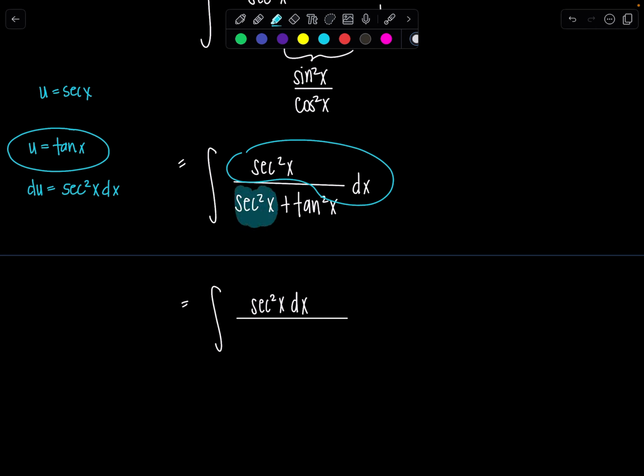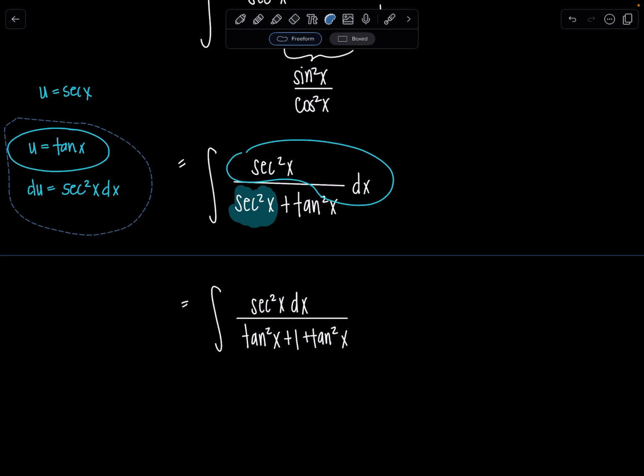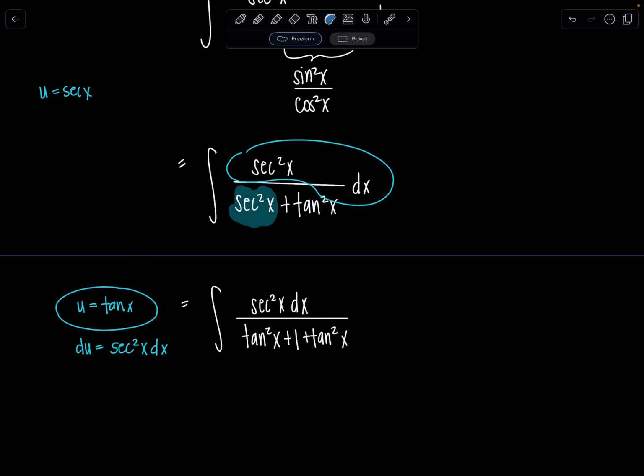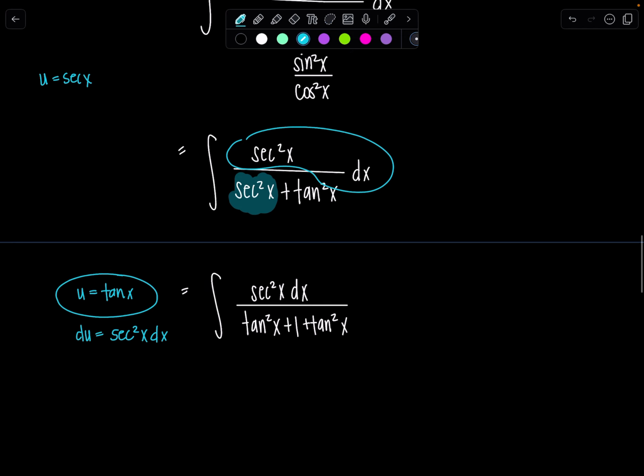Secant squared x is equal to tangent squared x plus 1. And then I still have that other tangent squared x hanging out in the denominator. Okay, this is in my way now. Get out. Okay, so let's go ahead and do this u sub that we wrote out right here. Now is the time. And let's see what we're left with.